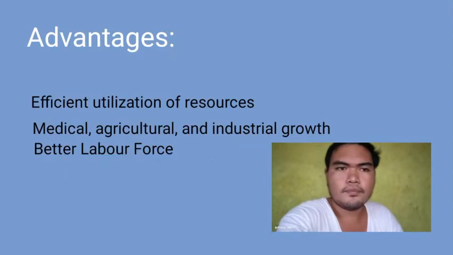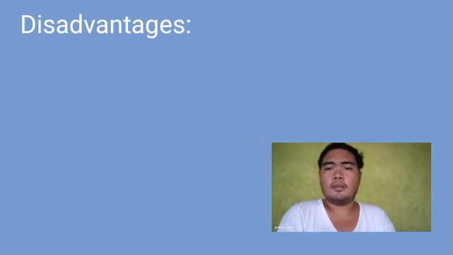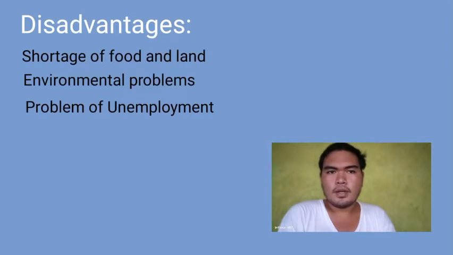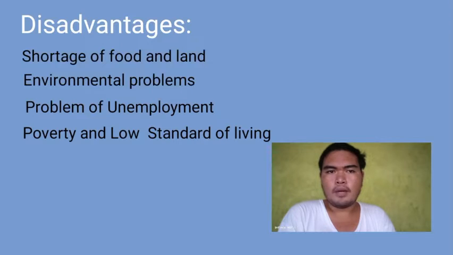And the bad news, disadvantages: shortage of food and land, environmental problems, especially climate change, problem of unemployment, poverty and low standard of living, inflation, conflict and war, all because of higher demand, too many people.